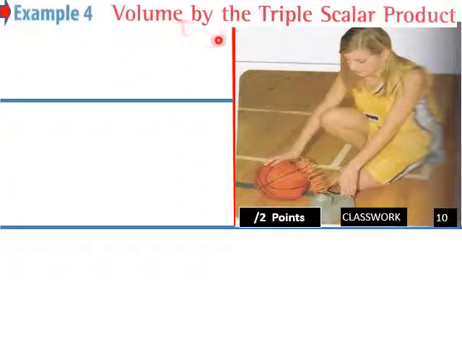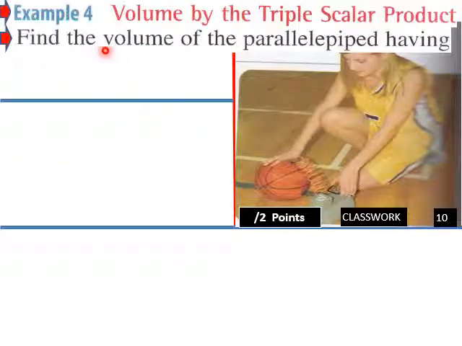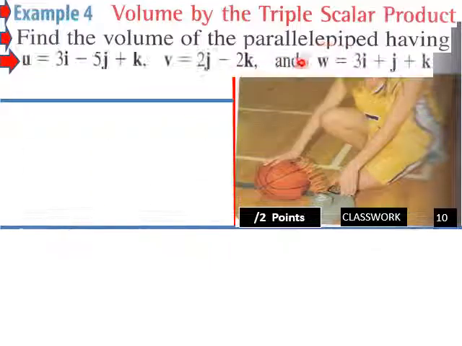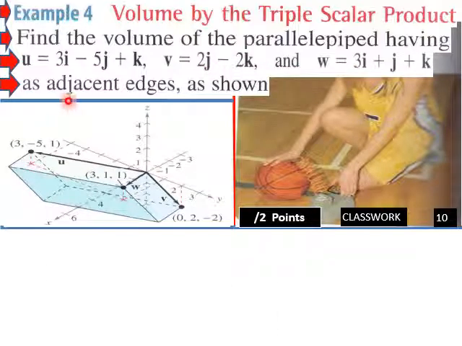Let's try one. Volume by the triple scalar product. Find the volume of the parallelepiped having u equals 3i minus 5j plus k, and v equals 2j minus 2k, and w equals 3i plus j plus k as adjacent edges as shown here. So now the key word here is adjacent.